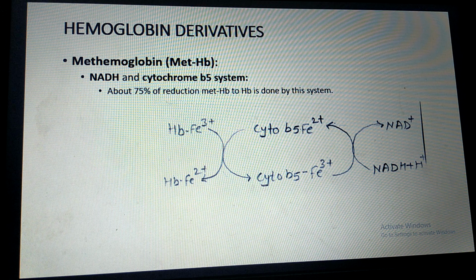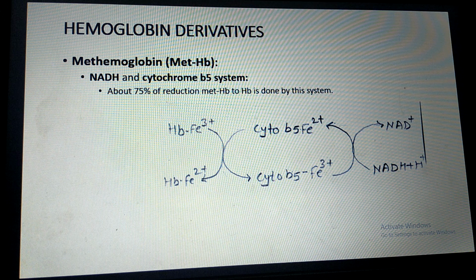So here see hemoglobin in the left upper corner, in which the iron is in ferric form. Now when this hemoglobin comes in contact with cytochrome B5, this cytochrome B5 possesses iron in ferrous state.